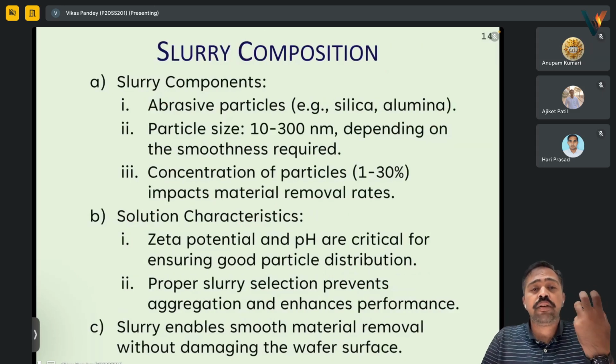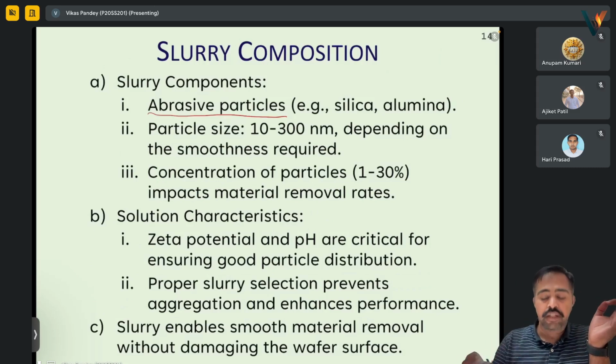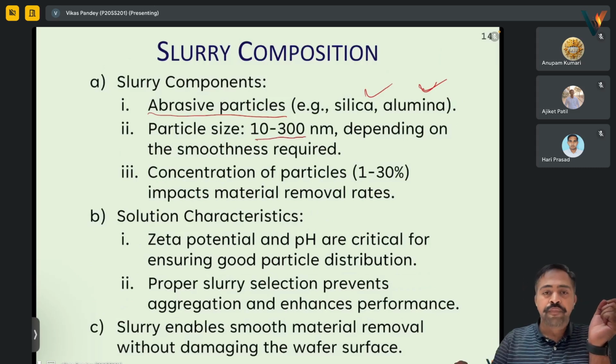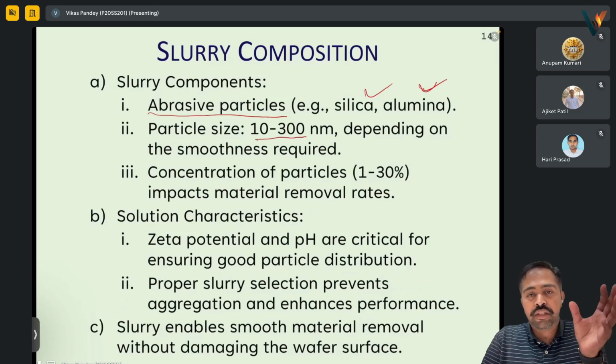And what is the composition of this slurry? One main part is the abrasive particle. It can be silica or alumina. The particle size will depend on the smoothness required. That can range from 10 to 300 nanometers.